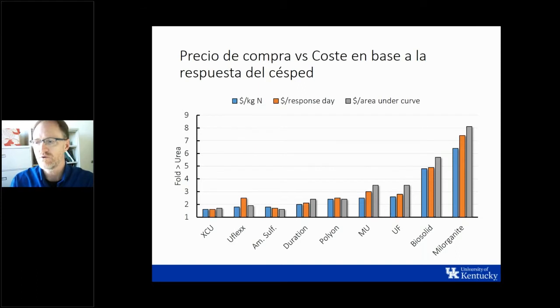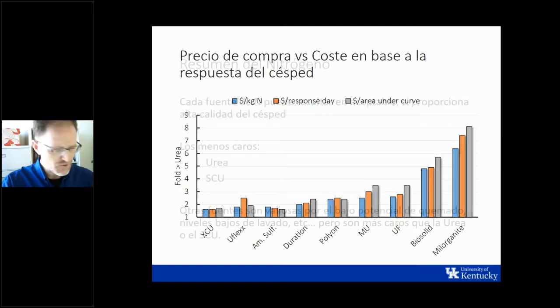So until someone generates more evidence and it refutes this evidence, I'm fairly confident in these numbers, and I'm fairly confident in continuing to recommend urea as a soluble N source and XCU as the slow release N source if maximum efficiency is the goal.